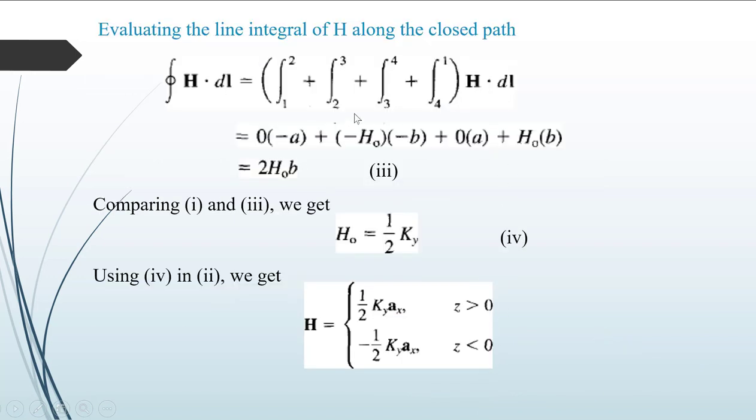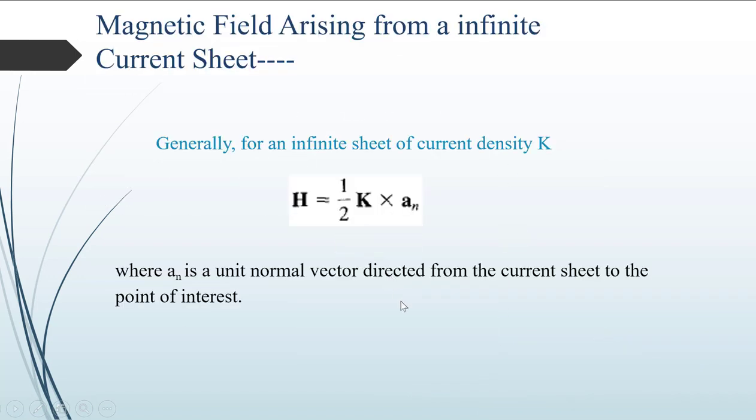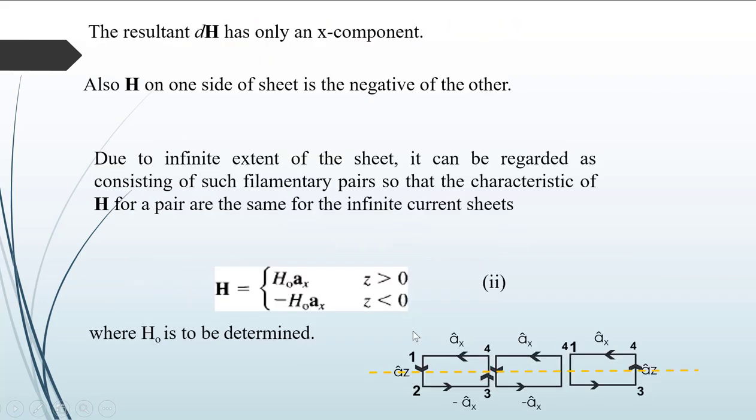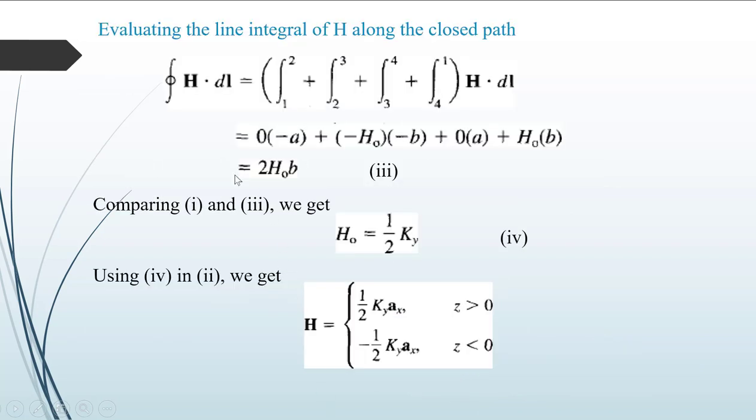Then from 2 to 3, it is minus a_x, and there is H naught. So the length of that is minus b, and the magnetic field intensity is minus H naught.